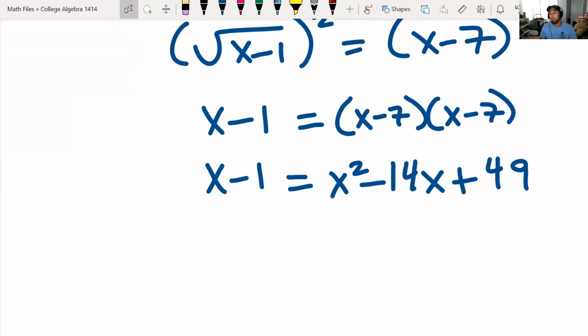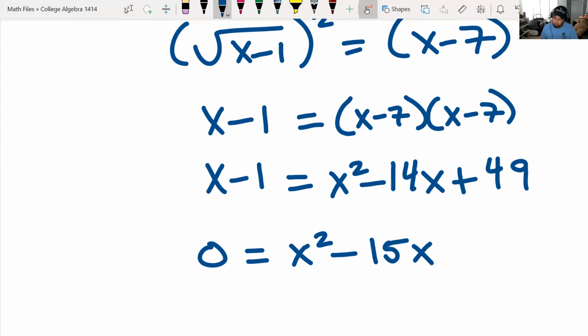Okay, now move the x and the minus 1 both to the right side, leaving us with 0 on the left and x squared minus, if I move that x over, I should get 15x. If I add that 1 over, I should get 50.